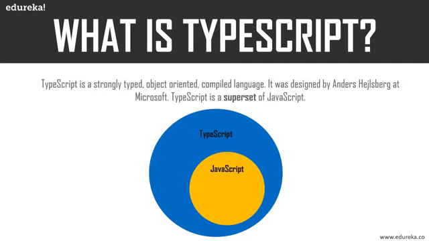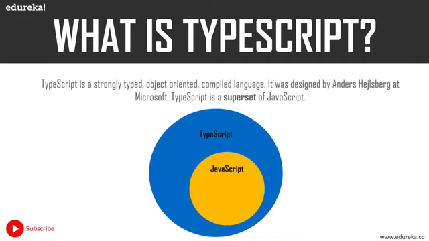So TypeScript is basically used when you want to create a JavaScript-based application that can actually scale at an industrial level. Because TypeScript compiles down to JavaScript, and this compilation is done by the Angular CLI.